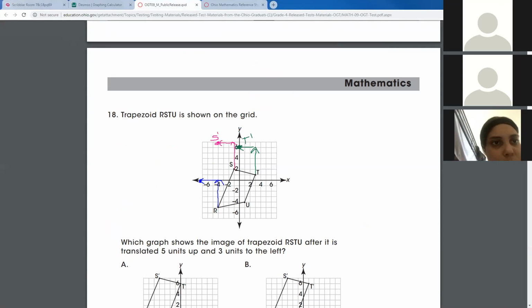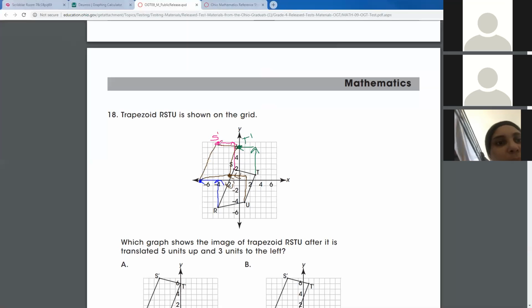And you'd have to do it one more time for U and go up 5 spaces, left 3. When you hit an axis, we're about to hit the y-axis, that still counts as a spot. One spot to go over to the y-axis, then one more to go past, then one more to make it here. So you'd have to do all 4 and then connect them to make a shape.